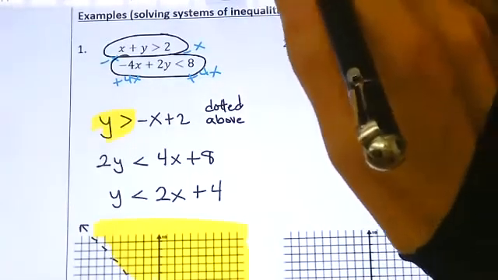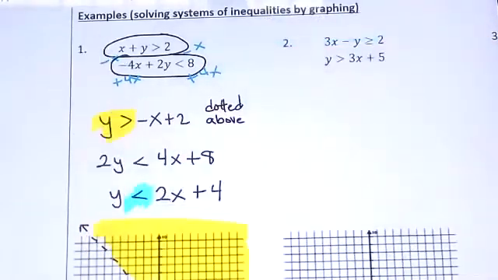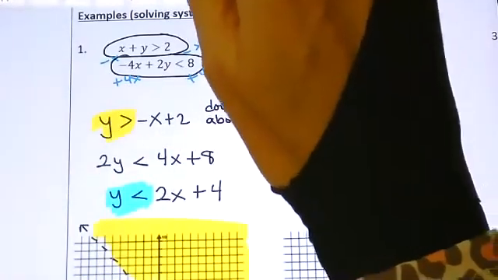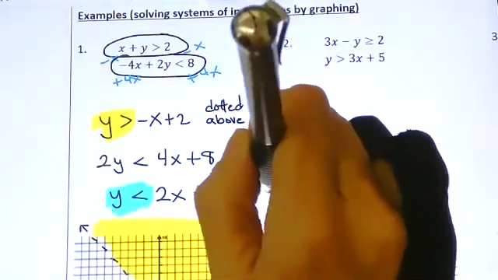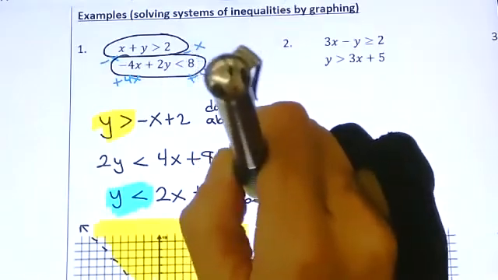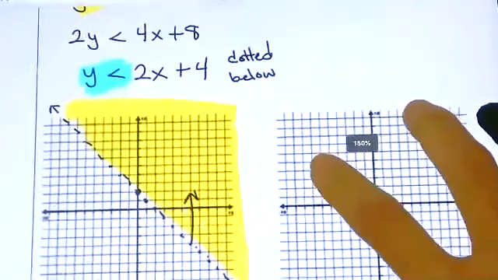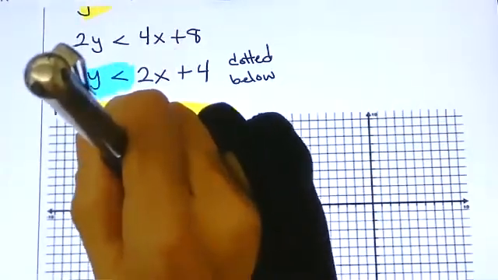Okay, if I take a look at my symbol right here, there is no equal to, so I'm going to do dotted again, but it says y is less than, so I'm going to do dotted, but this time I'm going to shade below. So let's put that one on my graph. So 1, 2, 3, 4.